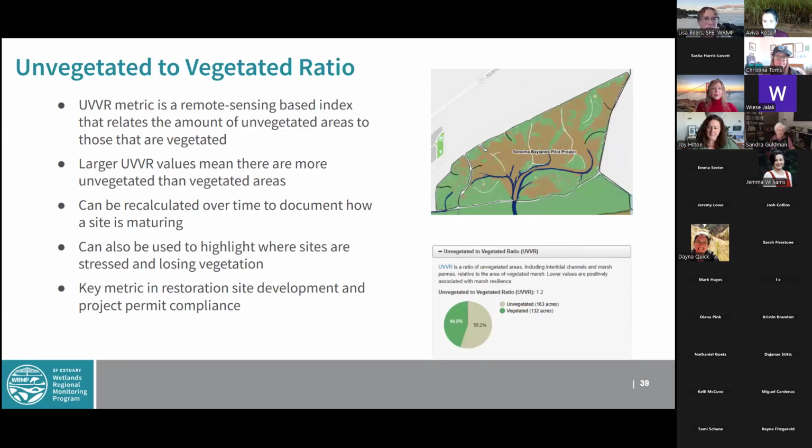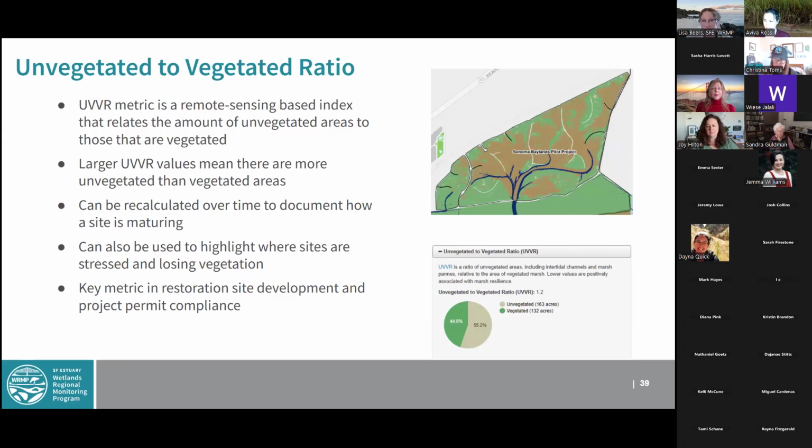Going to the next metric, this is unvegetated and vegetated ratio. So UVVR is a remote sensing based index that relates the amount of unvegetated areas to those that are vegetated. Larger values for UVVR mean that there are more unvegetated areas compared to vegetated.